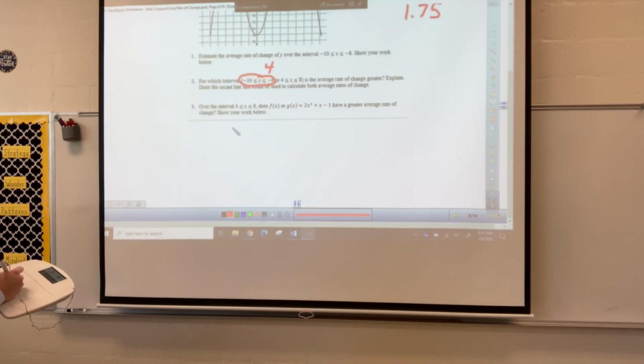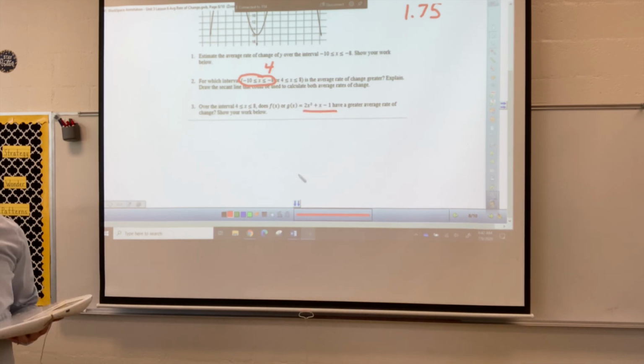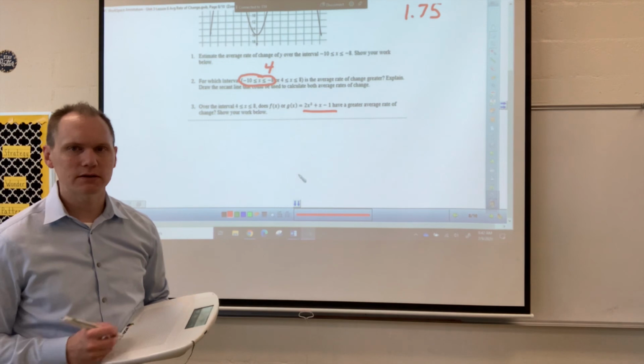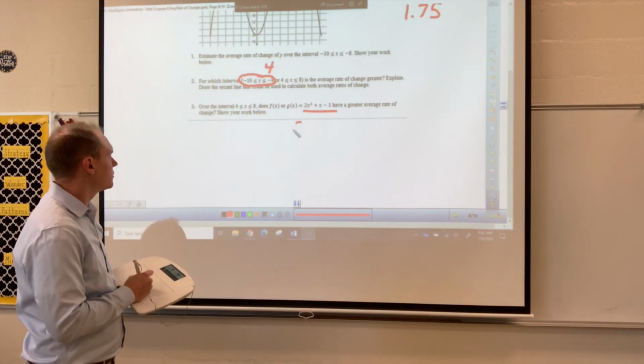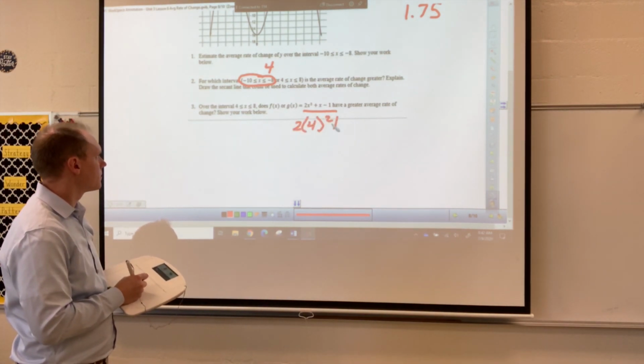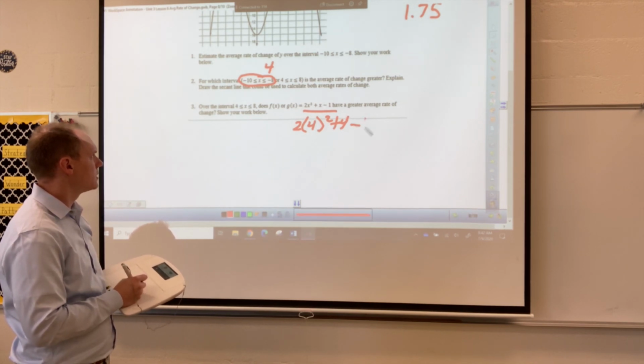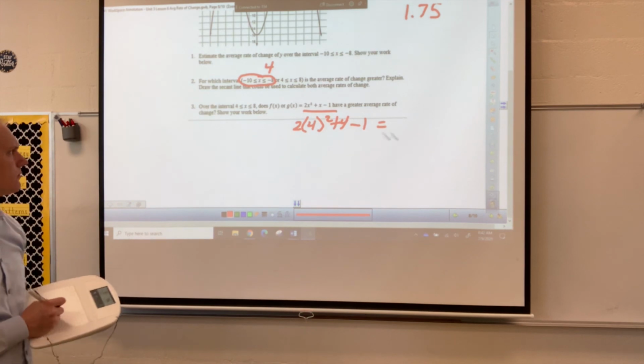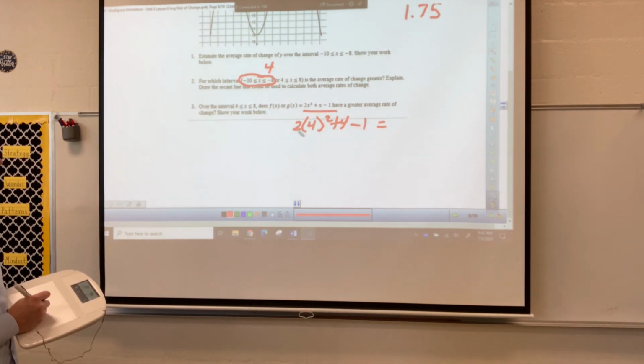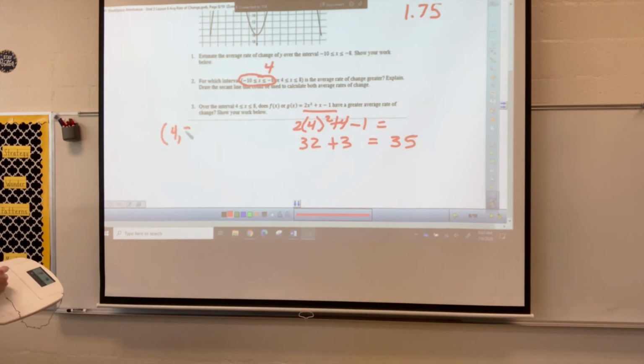So we want to think about what's the point of this function at 4 and what is it at 8. So let's do some math here. If we substitute in 4 for x, we can see what the y value is at 4. So it's going to be 16 times 2 is 32, plus 3 equals 35. So we have the point (4, 35).